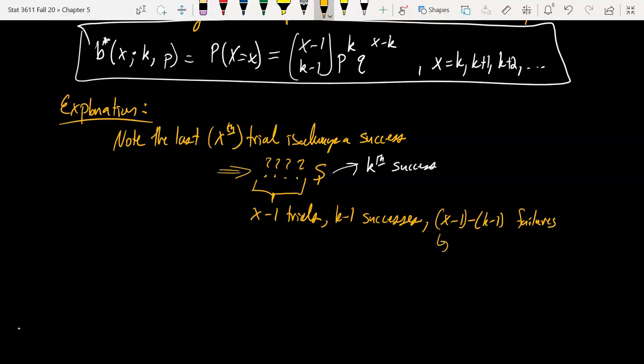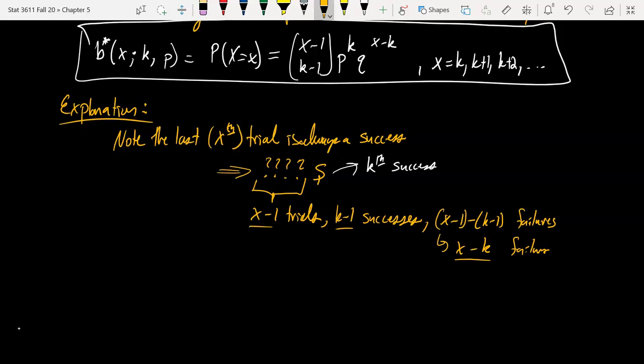Well, that is just x minus k, since negative 1 minus the negative 1 is negative 1 plus 1, which is 0. So you've got x minus 1 trials, k minus 1 successes, and x minus k failures, right?